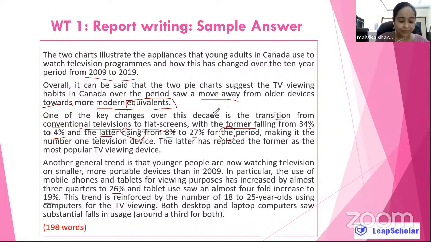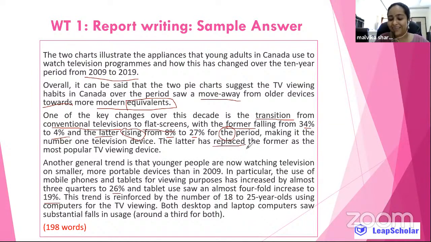Okay, something like that. So yes, the flat screen, the use of it rose from 8% to 27% for the period, making it the number one television device. So flat screen became the number one television device. The latter, again, I'm talking about the flat screen. The latter has replaced the former.